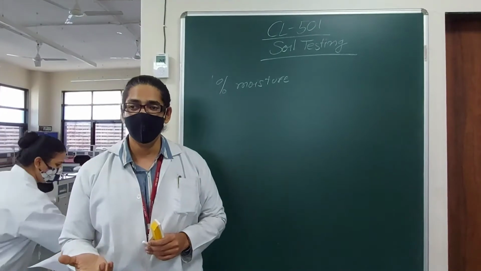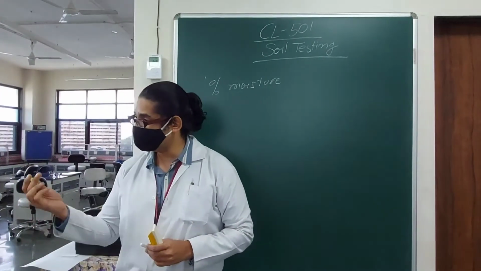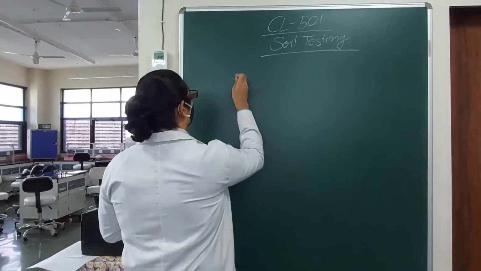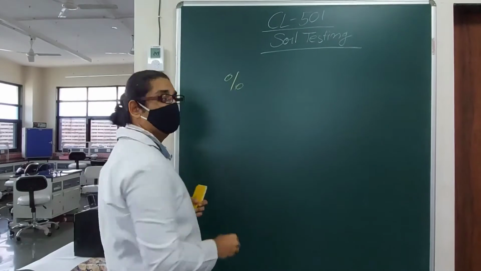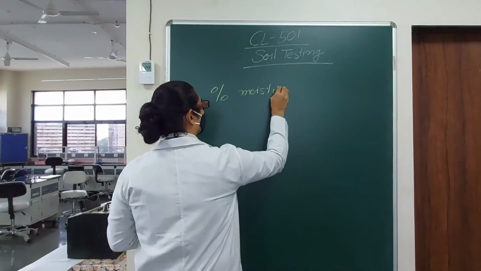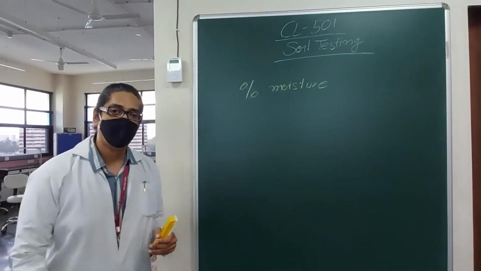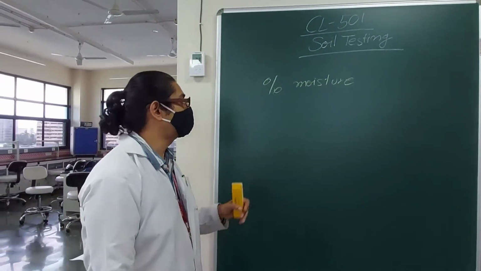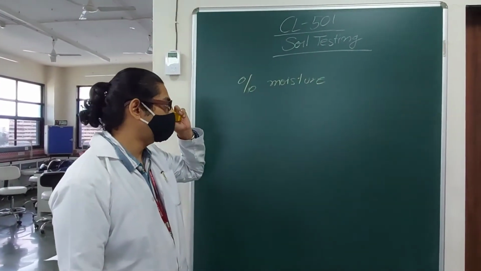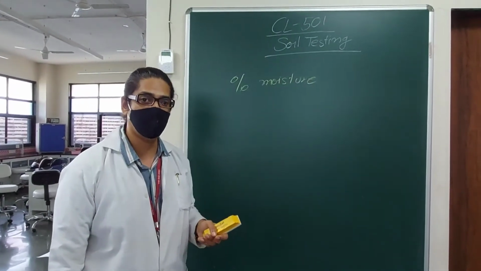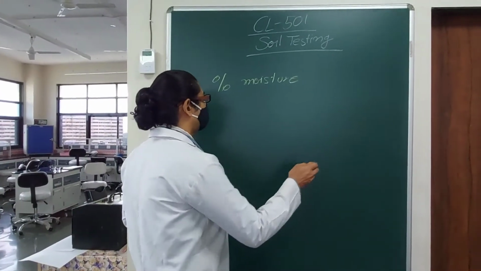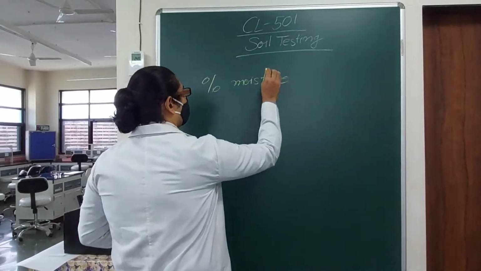Extremely important for crops like sugarcane, which really requires a lot of water. Rice, for instance, also requires a lot of water. So again, that is what we are going to measure here.